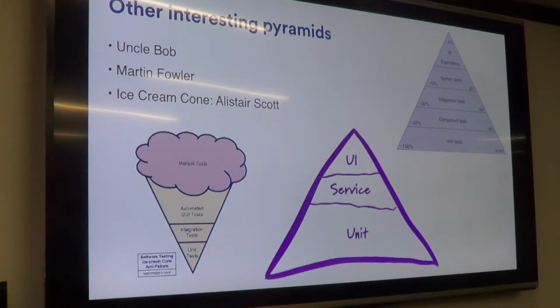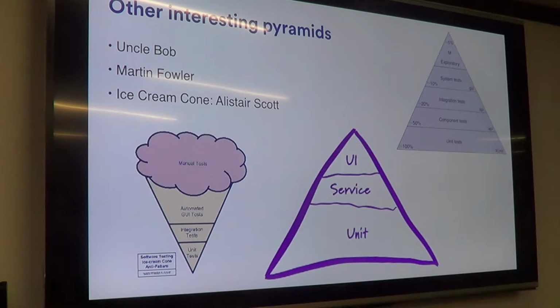That was his pyramid, which is similar to ours, except that it includes exploratory tests, which are usually manual tests. The pyramid we have is purely for automated tests. We don't put in the manual part of testing either.